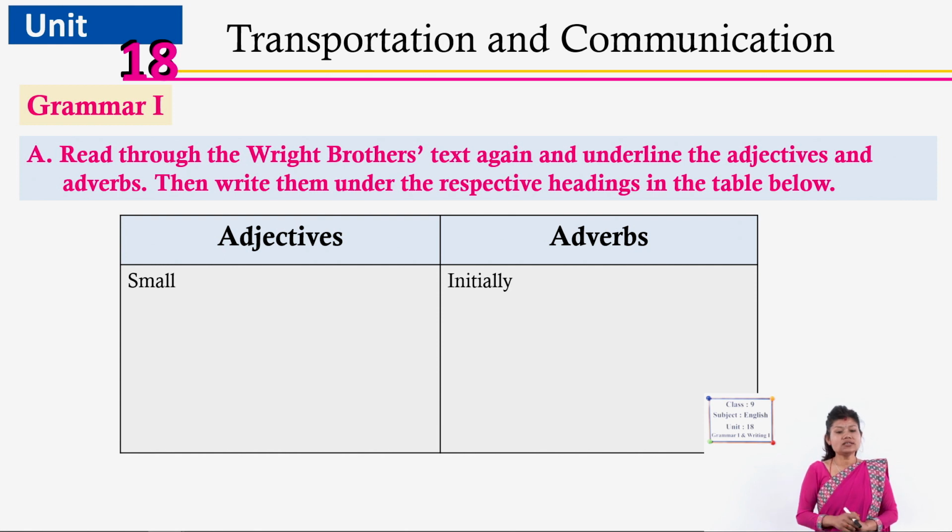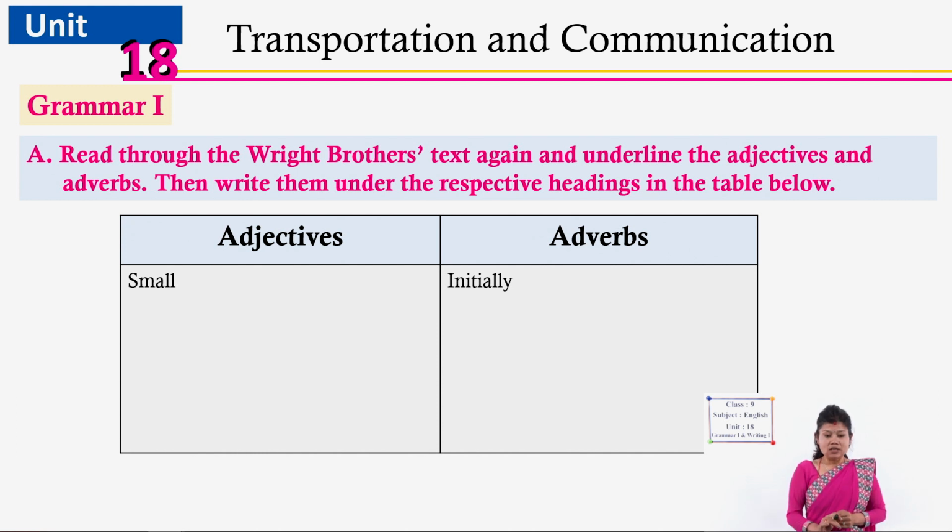Its title was Wright brothers. That text you have to revisit once again, and find the adjectives used there and also the adverbs, and after recognizing them you have to underline them.